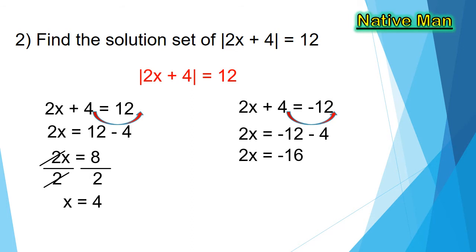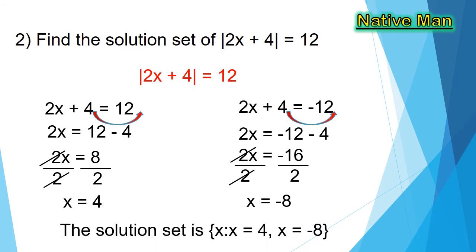Since may 2 ulit na kasama yung x, divide both sides again by 2 to cancel 2. So, ang matitira na po dyan sa left side ay x is equal to negative 16 divided by 2 is negative 8. So, dalawa na po yung ating solution set dyan. 4 and negative 8. So, the solution set is x such that x is equal to 4 and x is equal to negative 8.